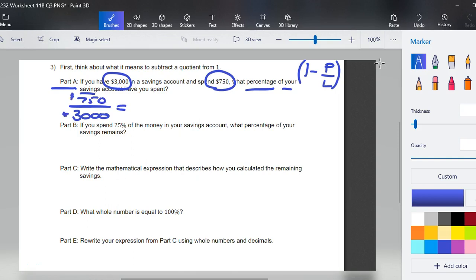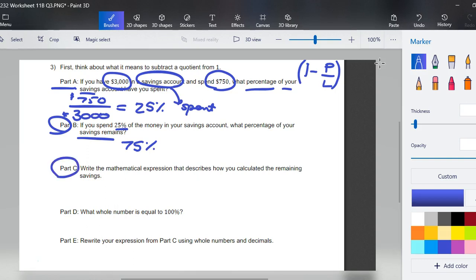And if I spent $750 of the $3,000, I'm going to divide it, and then I'm going to multiply times 100 and say that I have spent 25% of my savings account. That has been spent. If you spend 25% of the money in your savings account, what percentage of the account remains? Well, if I spent 25%, 75% remains.